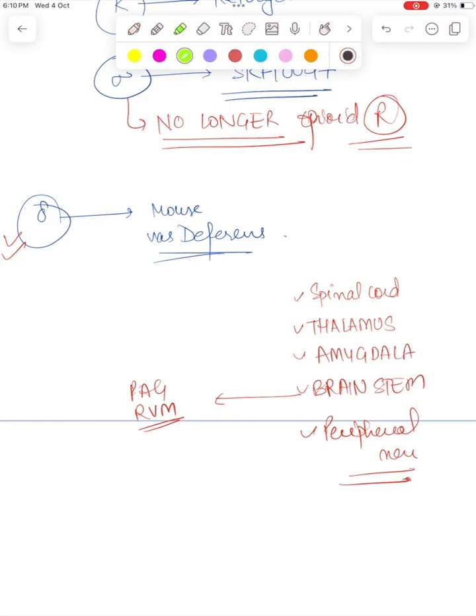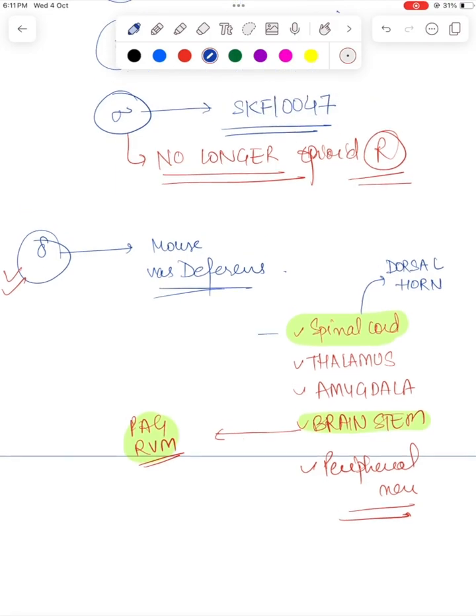The most important sites of action that you should always remember are the brainstem, which mediates the supraspinal effects of opioids, specifically the PAG-RVM system, and also the spinal cord, the dorsal horn of the spinal cord. This is divided into 6 laminae.